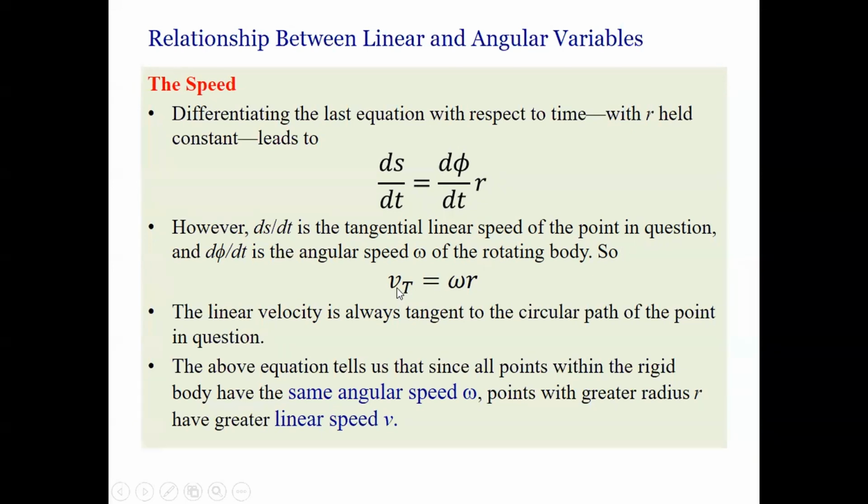Therefore, the tangential speed is related to the angular speed multiplied by r. So we say linear velocity is always tangent to the circular path for the point in question when it is rotating. The above equation tells us that all the points within the rigid body have the same angular speed, but the point with the greater radius will have the greater linear speed, or tangential velocity.